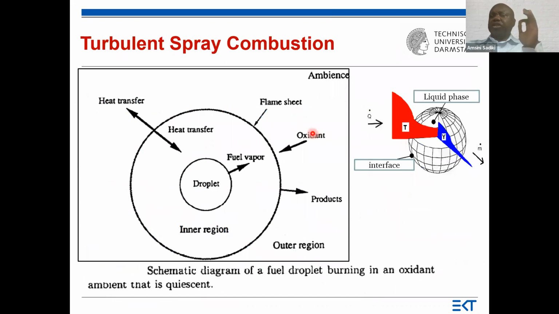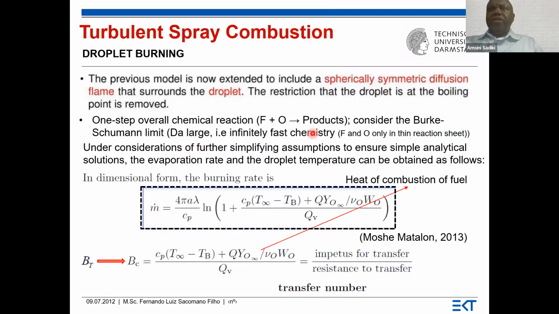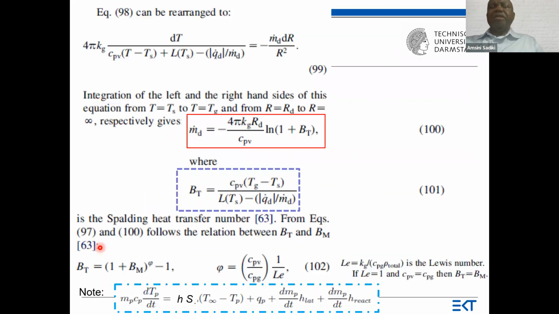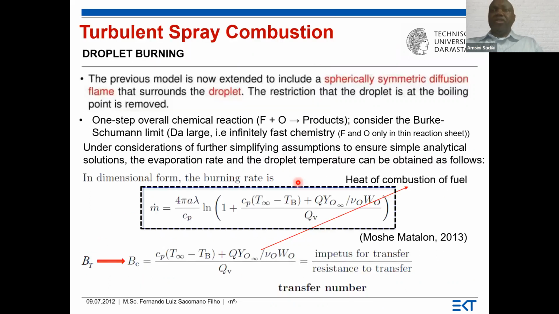Okay, the flame sheet. If we have this in a dimensionless form, the burning rate, so what we had before, will be completed by this term here, the heat of combustion. And this B_T, okay, this term, what we had here, the Spalding heat transfer number, will also be completed by an additional quantity.